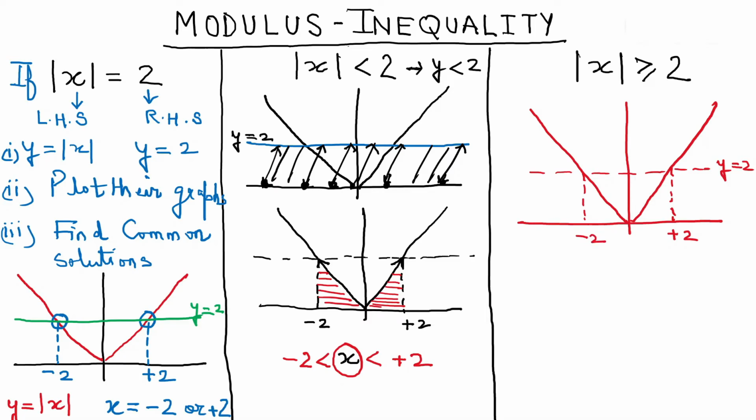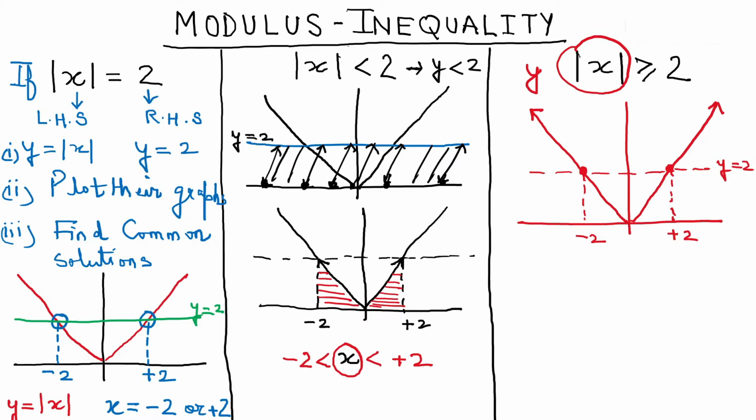And then we are talking about the region. If I assume this as y, the inequality gets converted into y is greater than or equal to 2. So we are basically talking about this point inclusive, and from here till the above point is unbound.